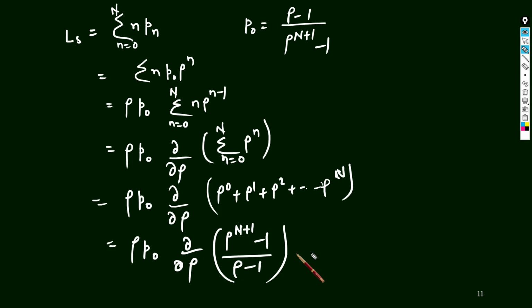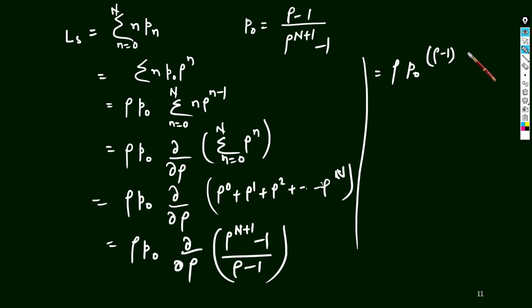Now the derivative of this one, can you calculate? Rho P naught, derivative of the numerator into the denominator minus the derivative of the denominator into the numerator, divided by the denominator squared. So just write the expression.